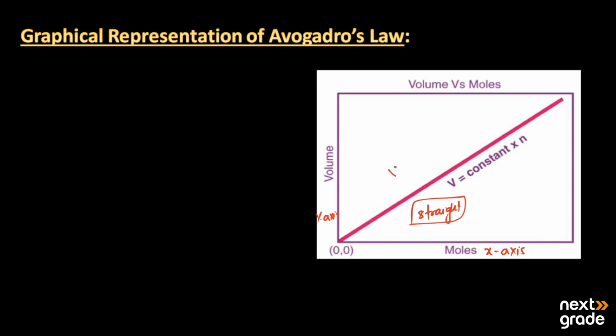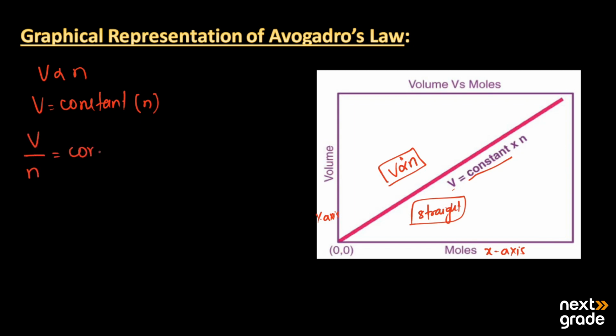It means the volume is directly proportional to the number of moles of the gas, where the proportionality constant is a constant, and there is a direct relation between volume and number of moles. So volume is equal to constant into n, and the ratio of volume to number of moles always remains constant, and here we have to keep temperature and pressure constant.